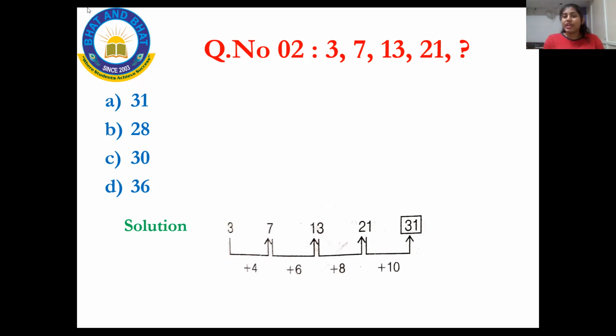This is understood because I should add even numbers. 4 is an even number, 6 is an even number, 8 is an even number. So your mind should think, what is the next even number? If I add the next even number, do I get my answer? Yes, that is 31. Therefore, option A is your answer.